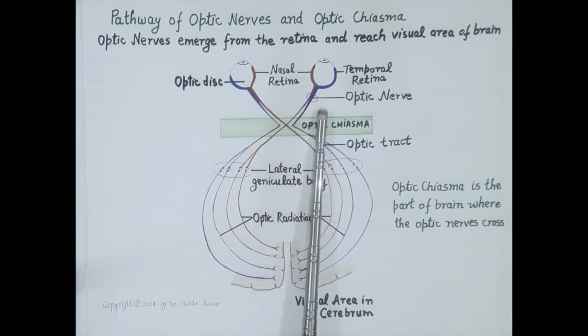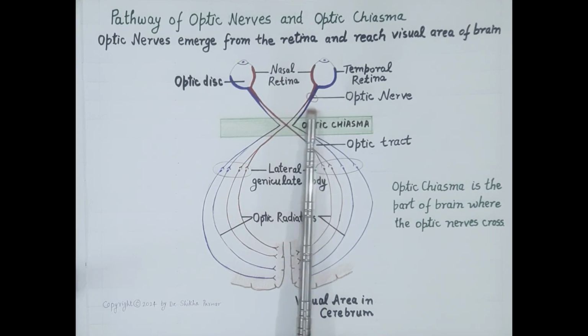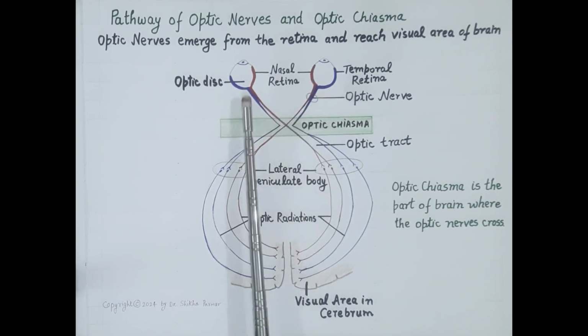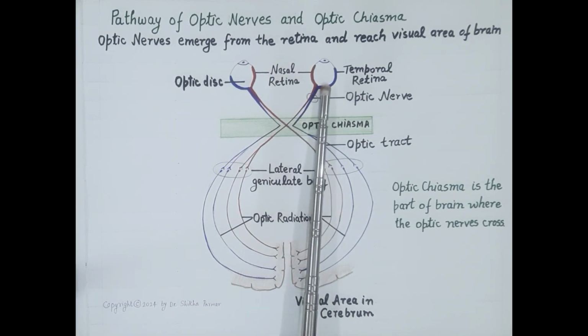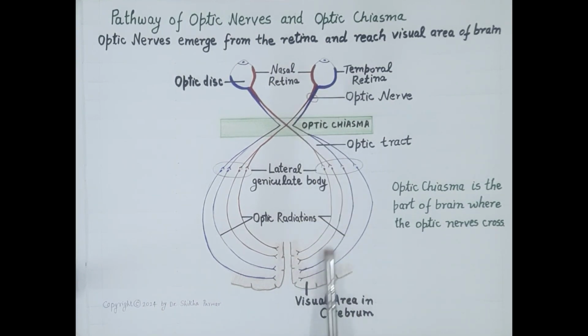These optic nerves emerge from the retina of the eye and carry the nerve impulses from the eye to the visual area of the cerebrum.